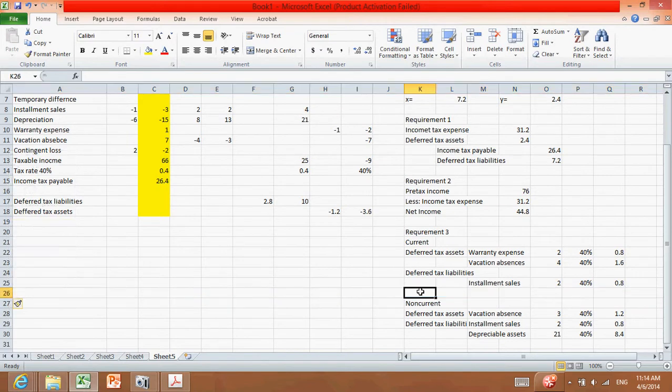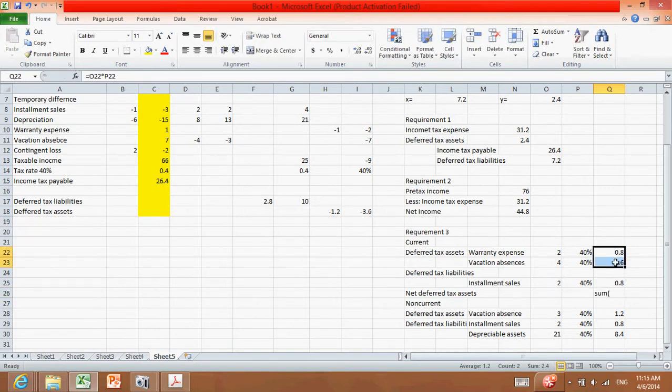Net deferred tax assets is the summation of assets minus liabilities. It's positive because my asset is larger than liability.